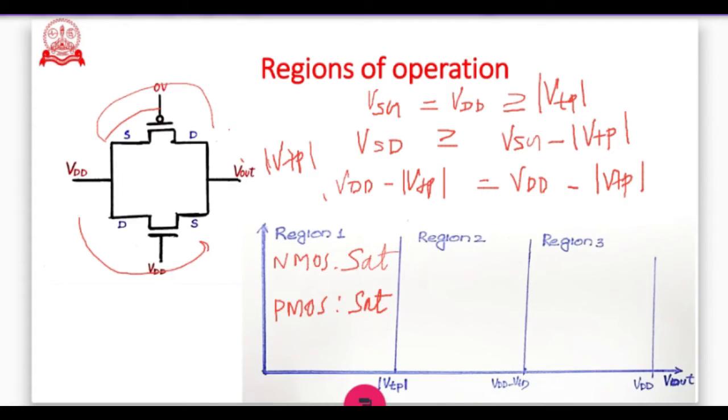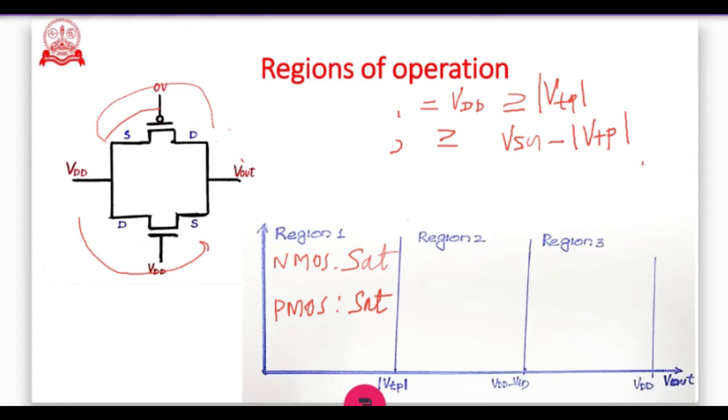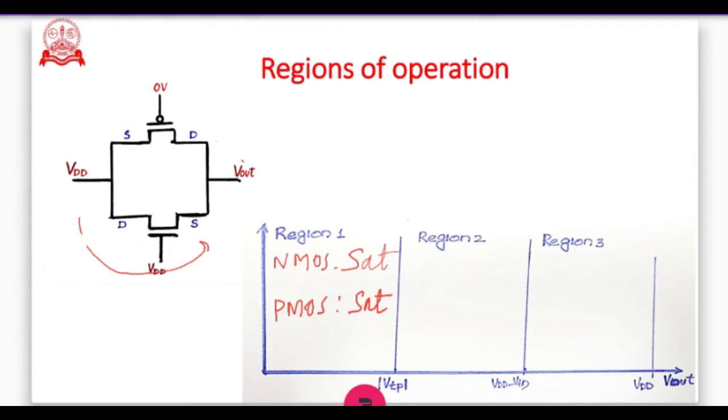Now let us analyze the second region. In the second region, the output is between modulus of VTP and VDD minus VTN. So we can take the extreme point, that is VDD minus VTN.